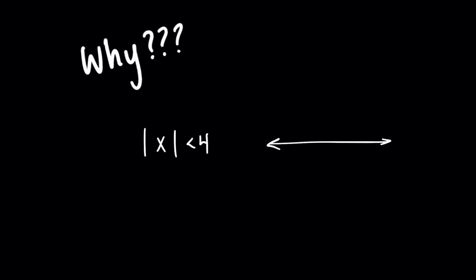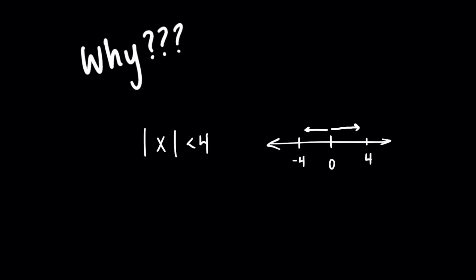Okay, so if the absolute value of my number was less than 4, and that absolute value is the distance from 0. So I want you to think if you're at 0 and the distance to my number is less than 4, then that means that I can only reach out to 4 here, or I can reach this way 4, but if I go that way 4, I'm technically at negative 4.